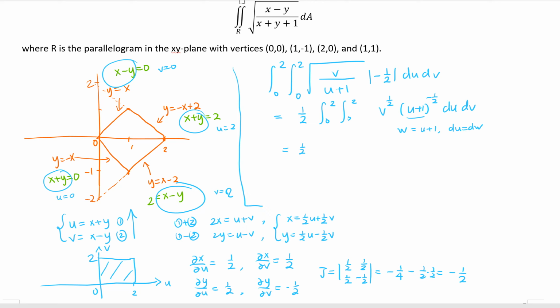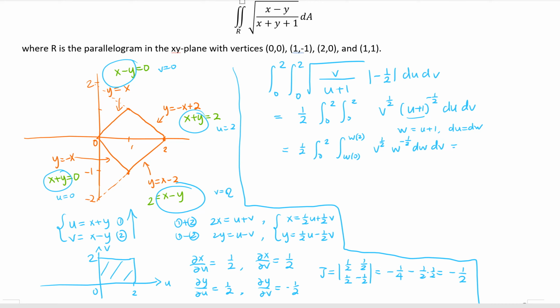Okay, so this is 0 to 2, and then here we have w of 0, w of 2, v to the 1/2 still there. This is w to the minus 1/2, du is dw, dv.